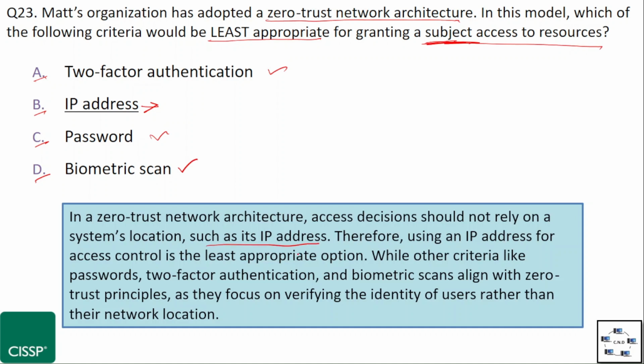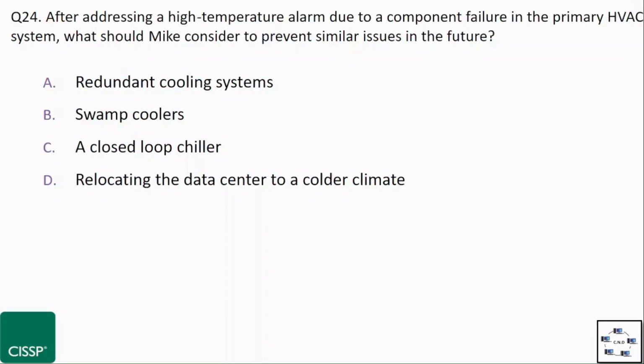Therefore, using an IP address for access control is the least appropriate option. Other criteria like passwords, two-factor authentication, and biometric scans align with zero trust principles, as they focus on verifying the identity of users rather than their network location.